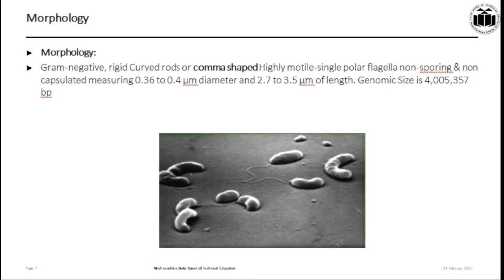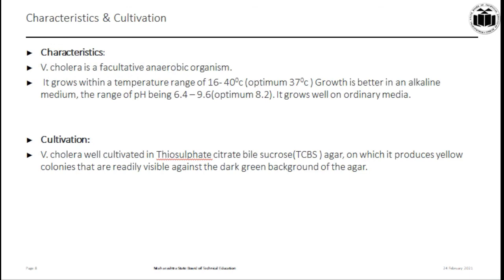Next we are going to discuss the cultural characteristics of Vibrio cholerae and the cultivation methods utilized to cultivate Vibrio cholerae in the lab.